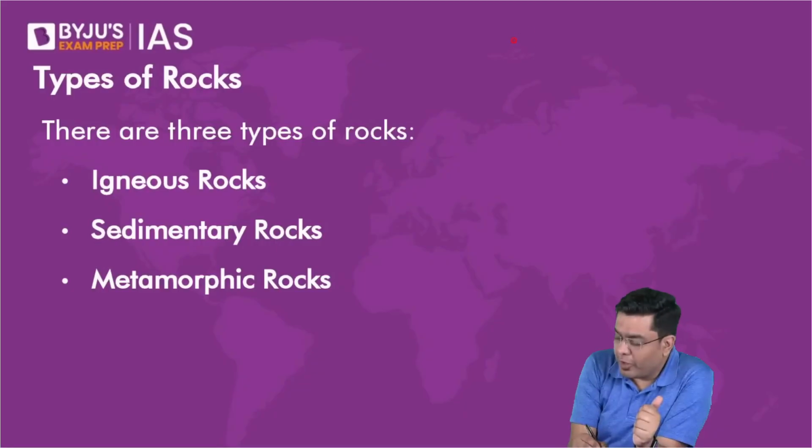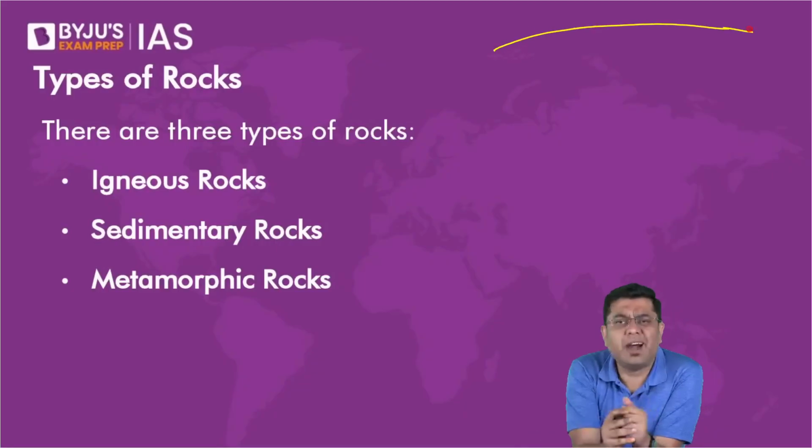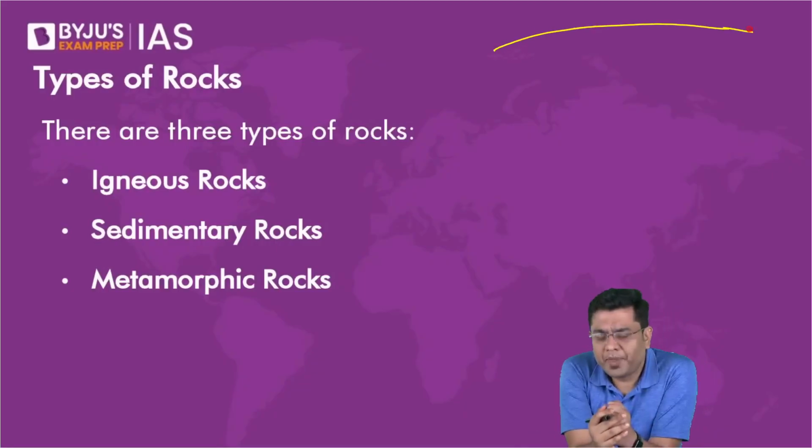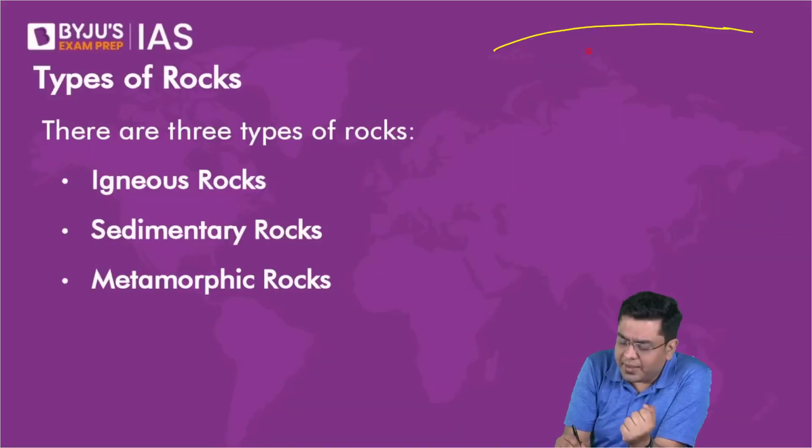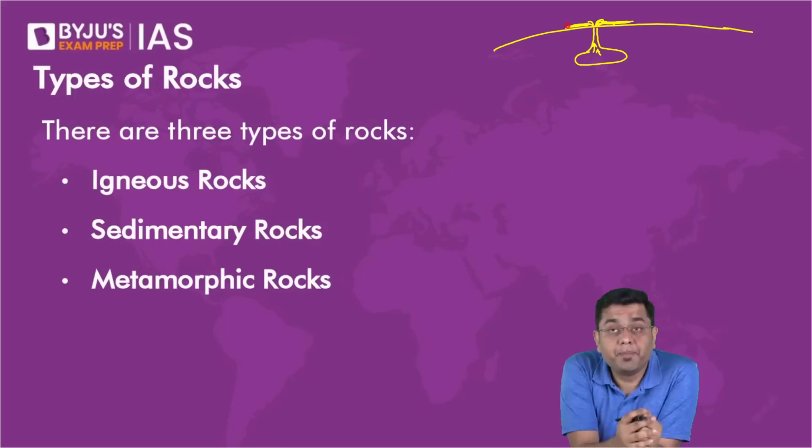Sometimes it can also happen, let's suppose this is the surface, and the surface is not very hard, the surface is weak, right? So, let's say you have a pocket of molten materials, these molten materials will break through the land surface and create a volcanic eruption. Molten materials will spread out and they will solidify.